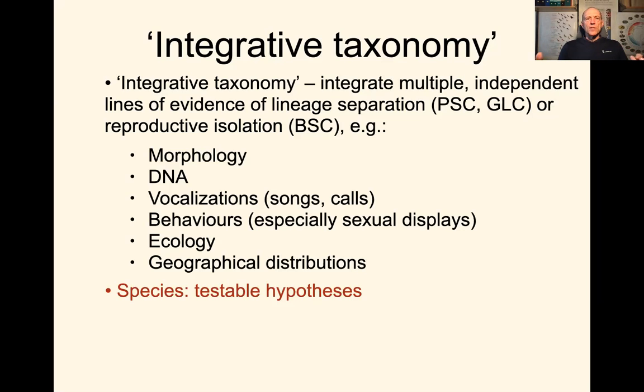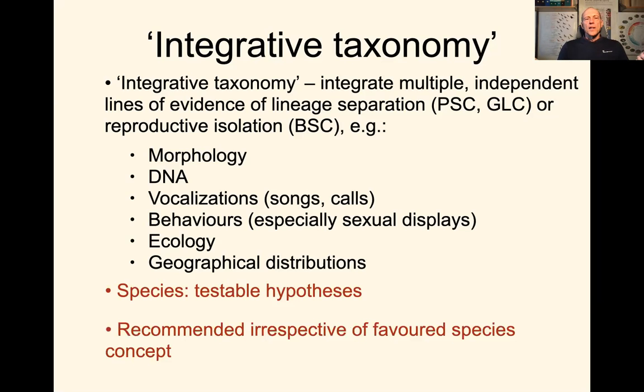The more different independent lines of evidence you have, the stronger your case will be, the stronger your taxonomic decisions will be. And I would like to stress that this really is the recommended way to work, no matter which species concept you may favor.